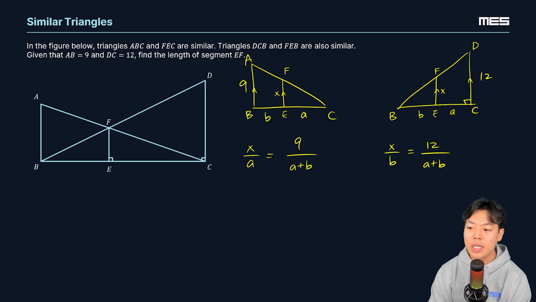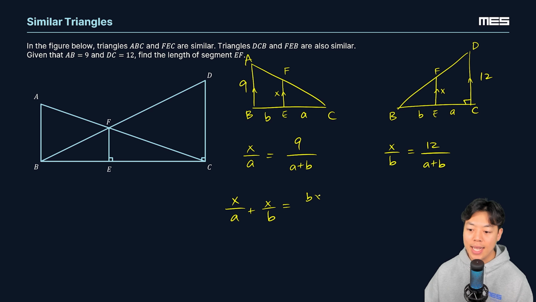So what can we do here? We can maybe add x over A plus x over B. We can also multiply both sides by A and B and then solve from there as well. What's another thing we can do here? Let's try adding them. So x over A plus x over B. What will this give us?